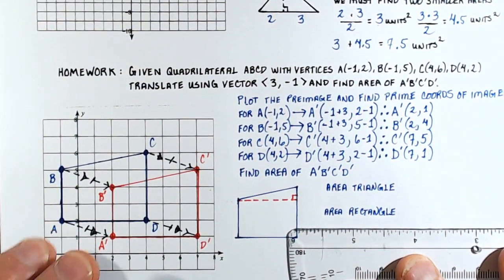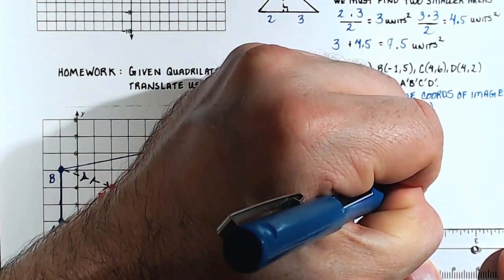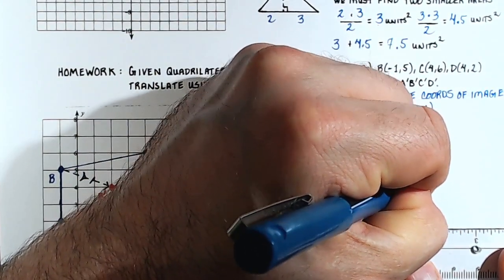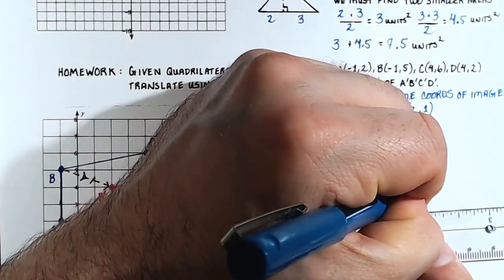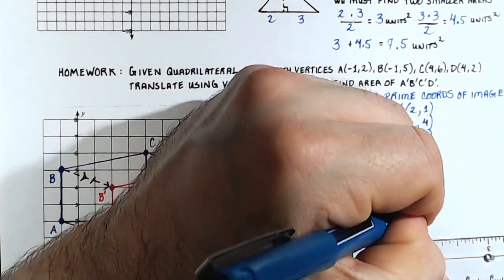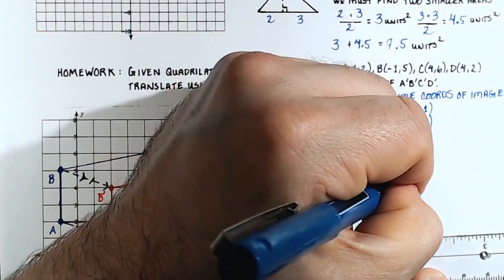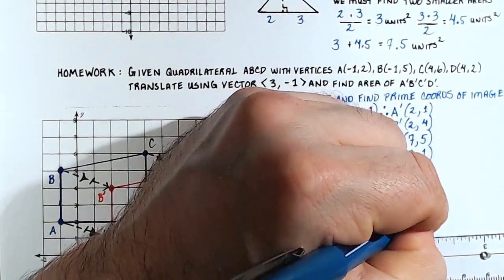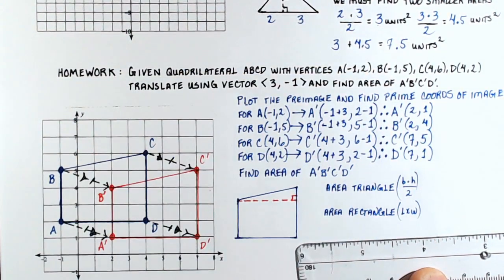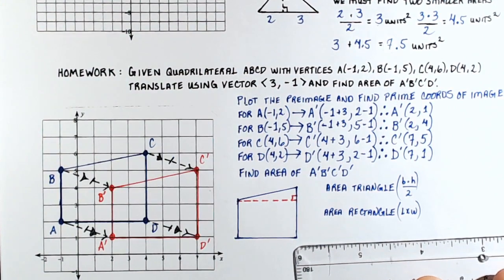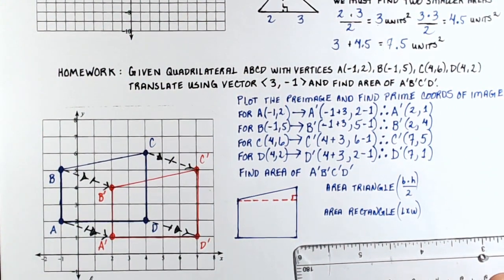Just so we remember, the area of the triangle is base times height divided by 2, and the area of the rectangle is length times width. These are our formulae. Now the area of the triangle, we better label these. So we need to go in here and look.